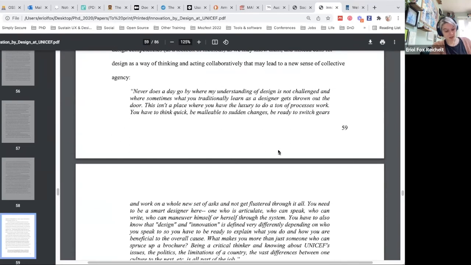There's a comment down here where I've got, "this isn't a place where you have the luxury to do a ton of process work," which is particularly interesting. I've got a note next to it, which is: hard to reconcile that statement within the wider context of my experience within open source as a designer.